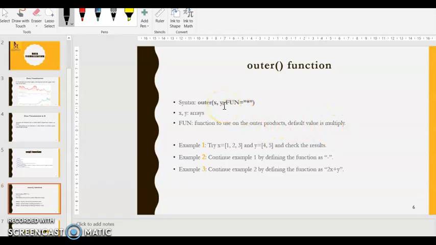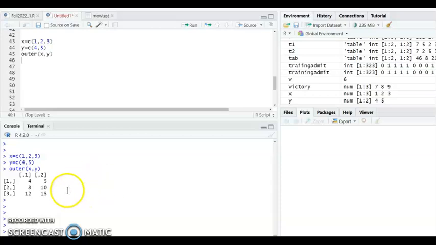So if you leave this part blank, it is in fact multiply. So what happens here? It goes for every pair over there, the first x, the first y. They are 1 and 4. What is the multiplication of them? 4. It is here.